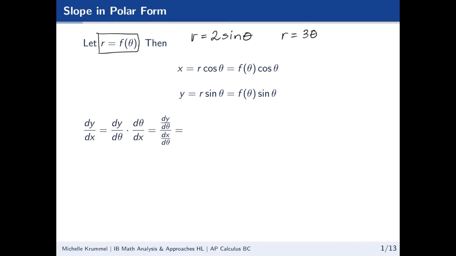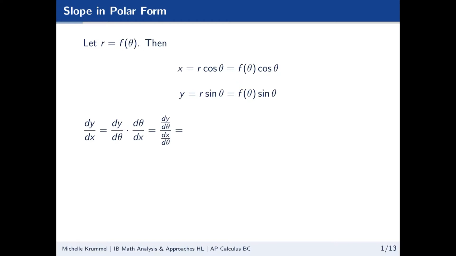So we're going to go back to our conversion formulas where we can try and manipulate a polar equation to get it in rectangular form. Now we're not going to go all the way to converting our polar equations to rectangular form, although that is an option. If you can rewrite your polar equation in rectangular form, then just calculate dy dx.